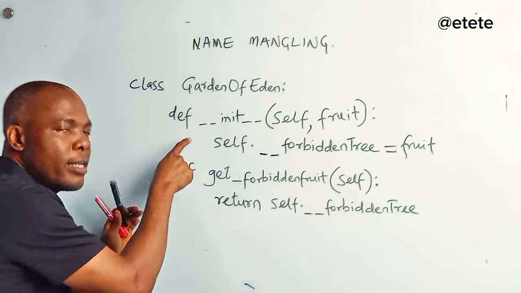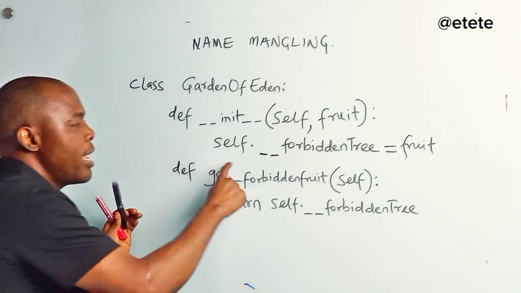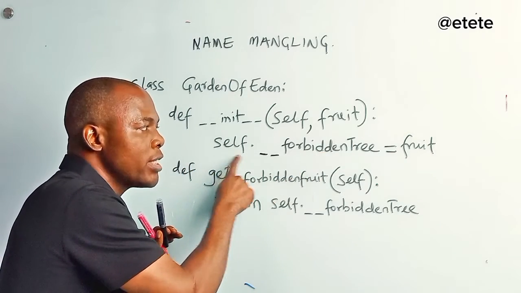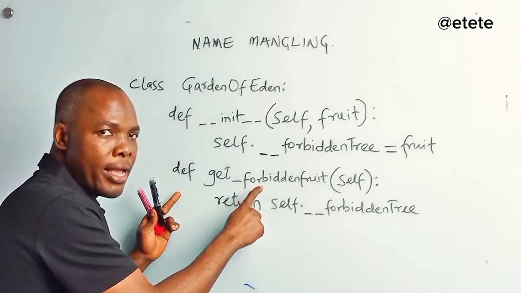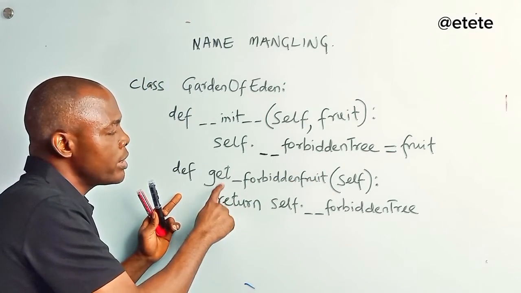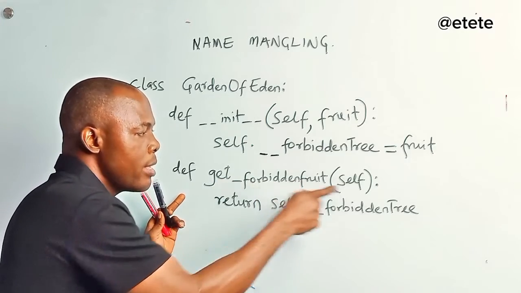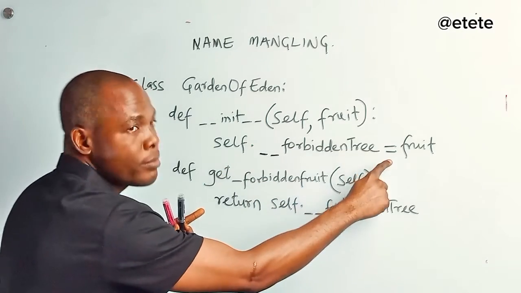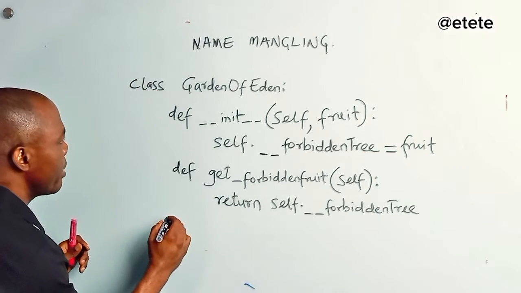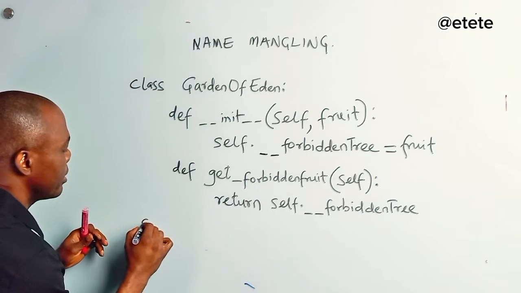So I have created my init method and I have the attribute for the object, which is what? Protected. Now I create a get method and this get method is saying get forbidden fruit. This is the name, referencing the self. Now, inside it, I'm to return this. So I will now come here and I will instantiate the class.